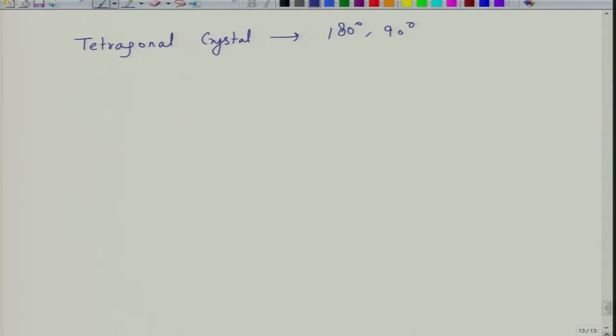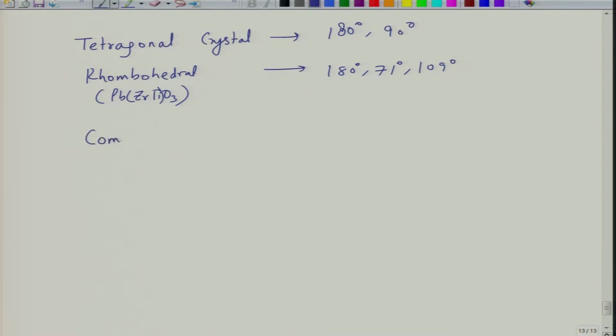But if you have a rhombohedral crystal such as lead zirconate titanate, this will give rise to 180-degree domains, also 71-degree domains and 109-degree domains. So, depending upon the type of crystal system, you will have different types of domains in the system.